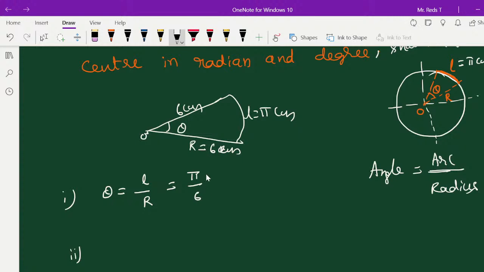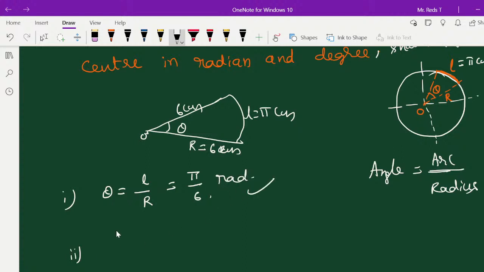The centimeters cancel, and we get 5 by 6. So the angle in radian is 5 by 6 radian.